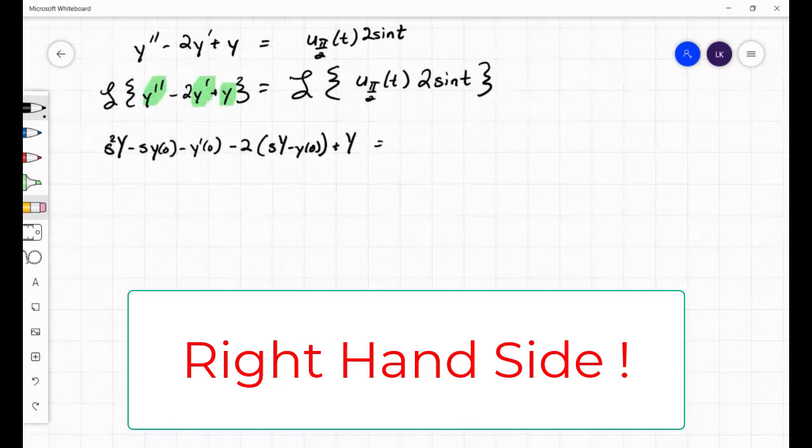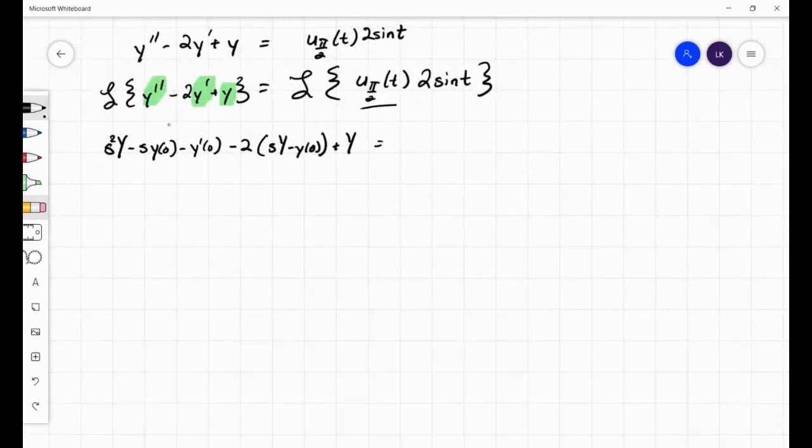And on the right-hand side, again, we have our step function in the time domain becoming this decaying exponential in the s domain. And then we're going to multiply that by the Laplace transform of this function, except we're going to replace t with t plus pi over 2.